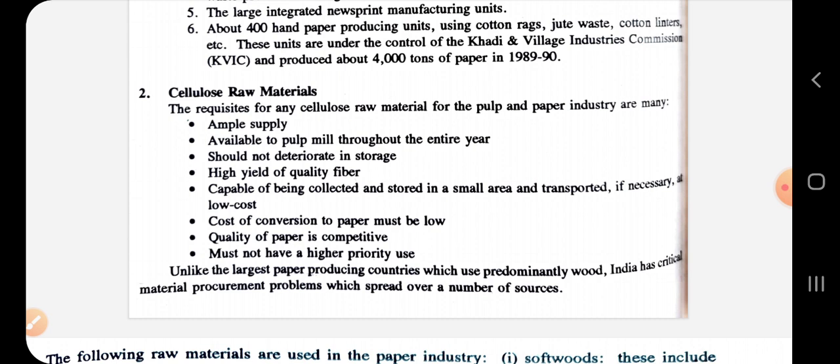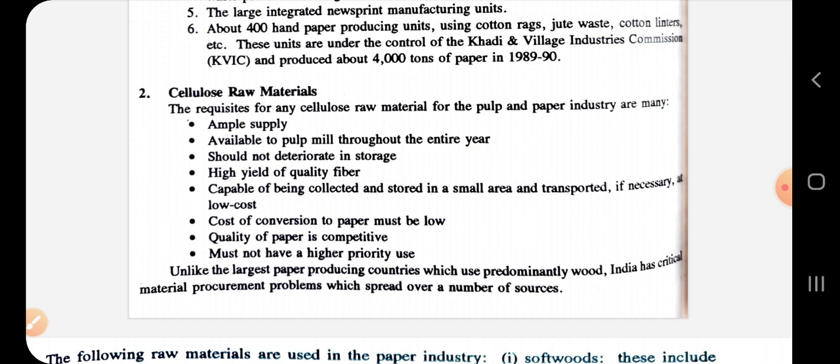The first and foremost is it should be available in abundance. Supply should not be limited. Available to pulp mills throughout the entire year, and it should not be seasonal. It should be available always. Should not deteriorate in storage. Also, it should not require special storage conditions.